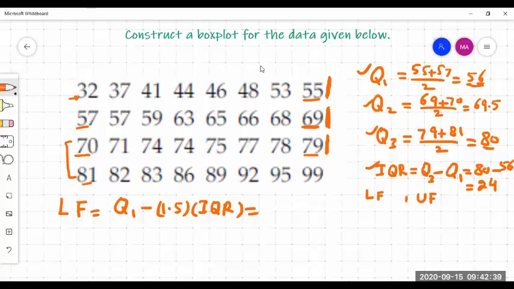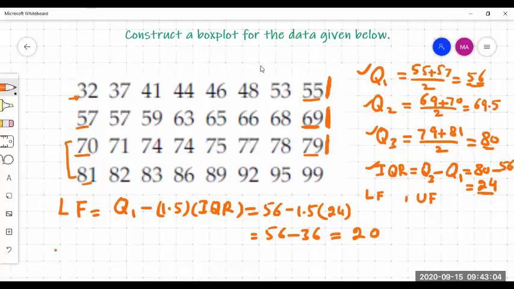So 56 minus 1.5 times IQR, and the IQR we just found is 24. So 24 times 1.5 is 36. So you would have 56 minus 36, which is equal to 20. That is the lower fence.